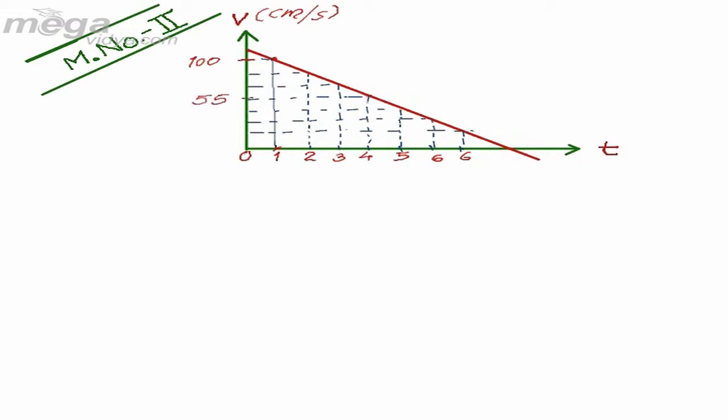Obviously, for the interval 2 to 6 seconds I have written this average velocity corresponding to the middle time, which is t equal to 4. Now at t equal to 7 seconds, I have to find the particle's velocity. Say this velocity is v. Just assume it and see this velocity-time curve.